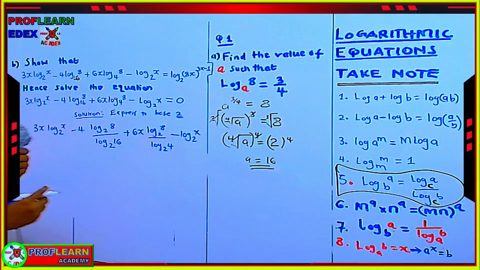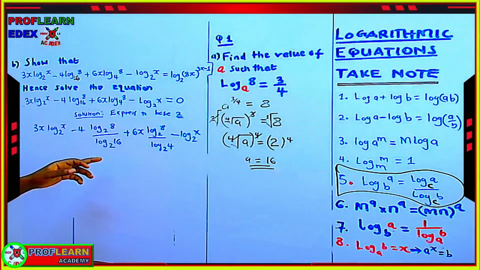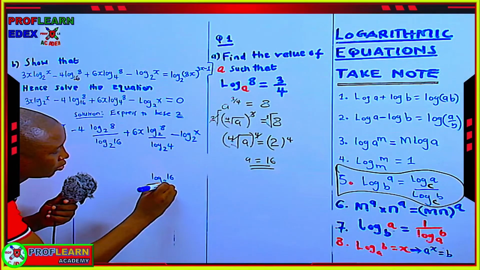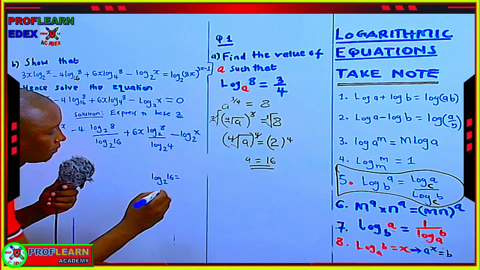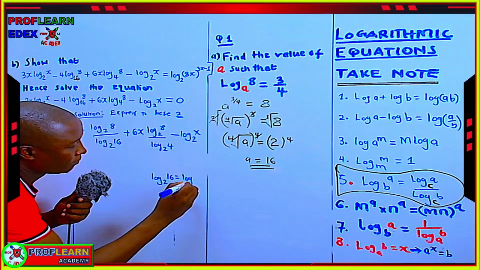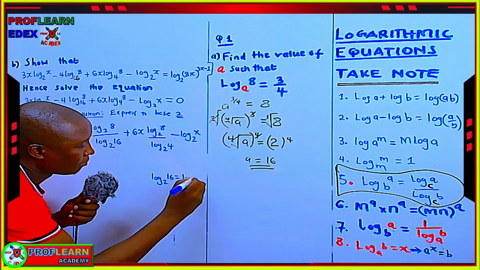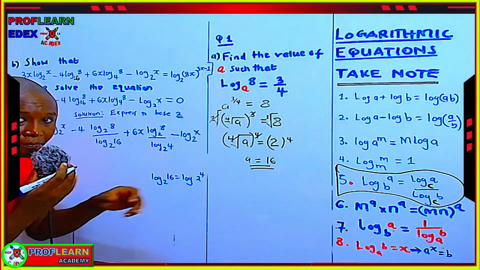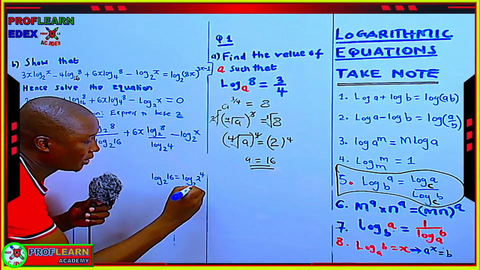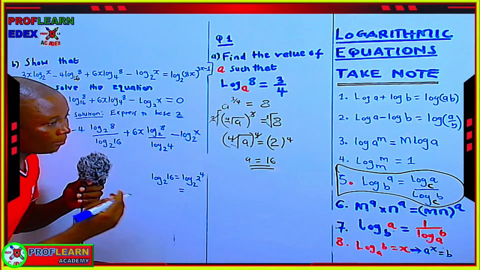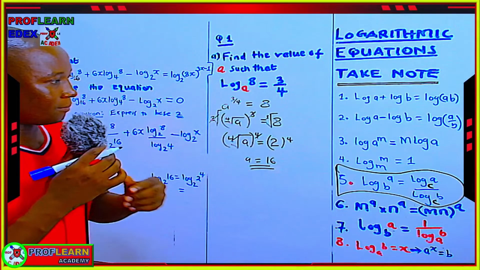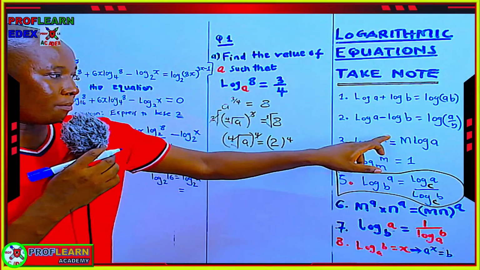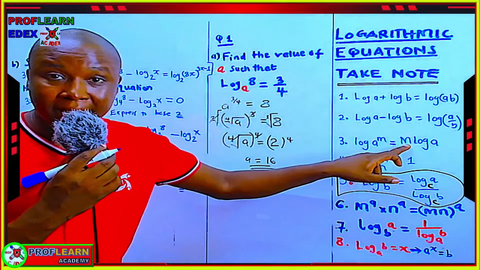Now, something that I need to remind you is that log 16 base 2 can be written as log 2 power 4 base 2, because 16 can be written as 2 power 4. From rule number 3, if you are having log a raised to power m, you can take m in front of the log.